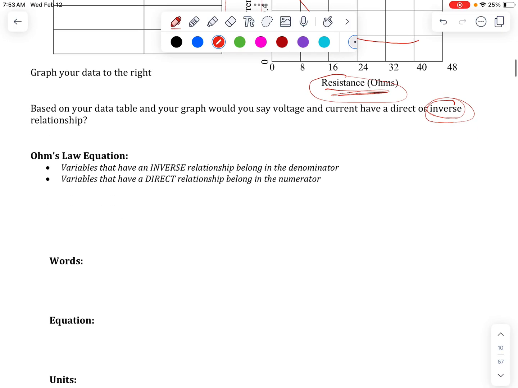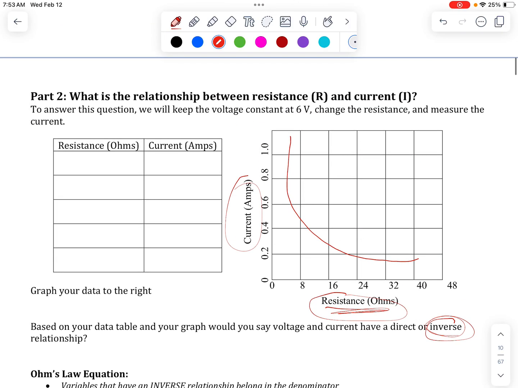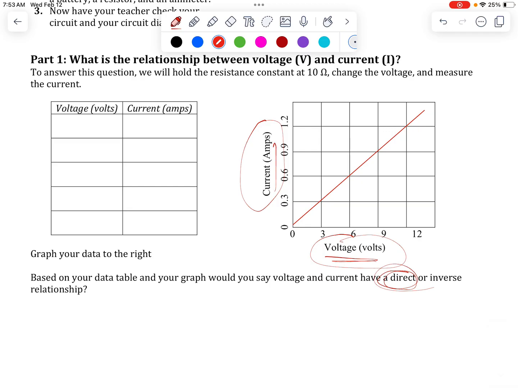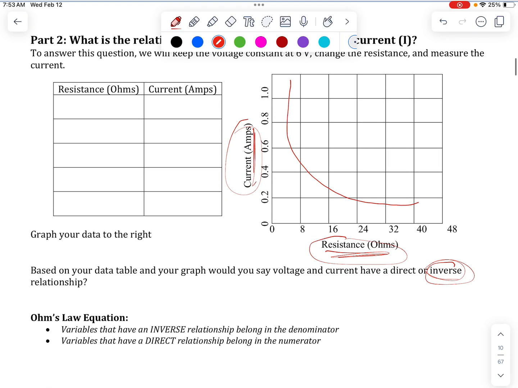And so what that means is that in both labs, we changed something and we measured the current, right? We changed voltage and measured the current, and then we changed resistance and measured the current.